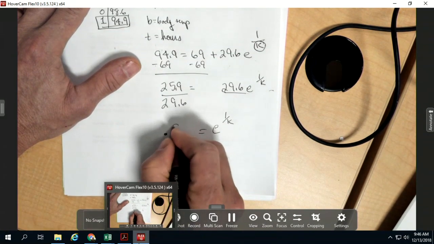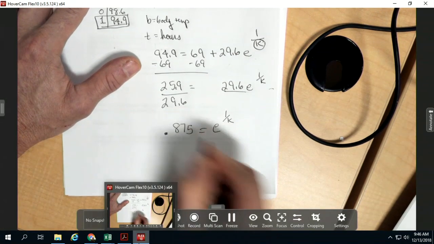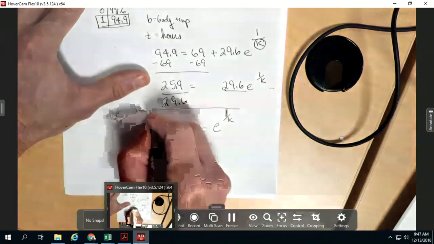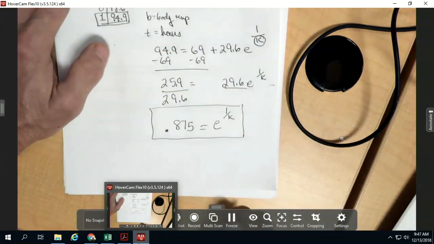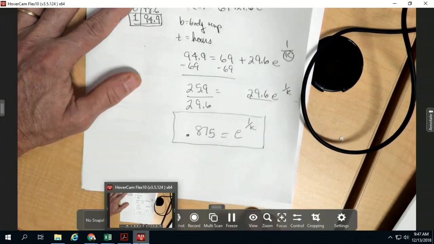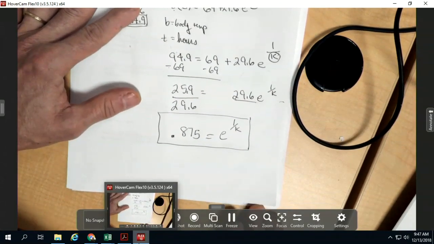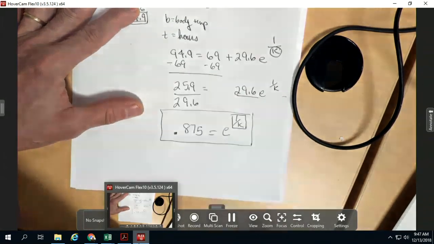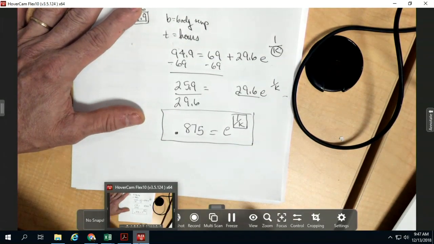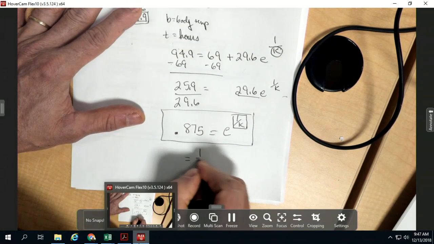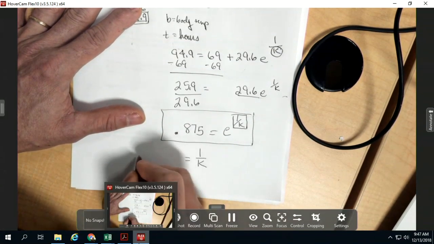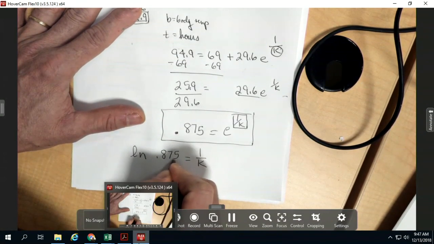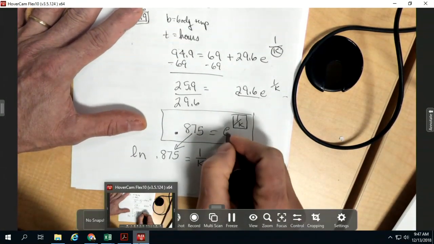0.875. Now use your log to exponent equivalent. This is the exponent, correct? And a logarithm is an exponent. That number goes there.